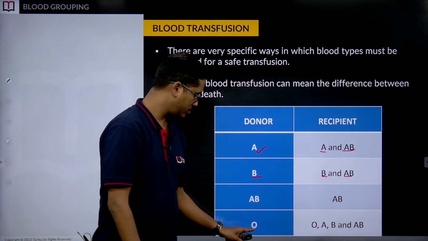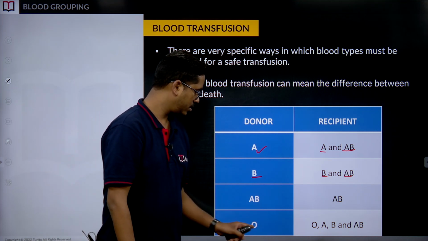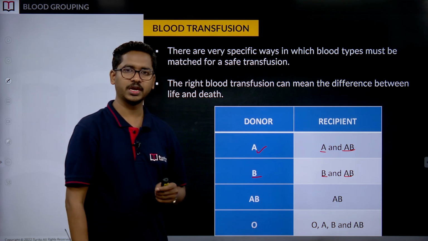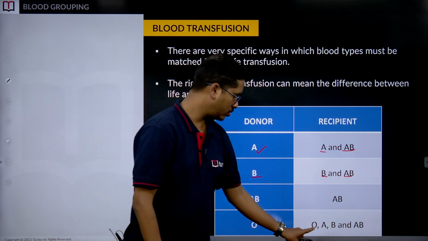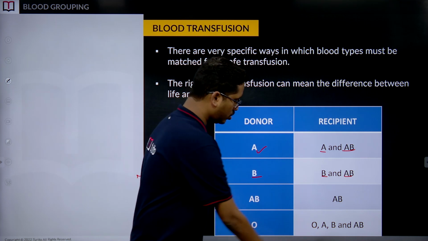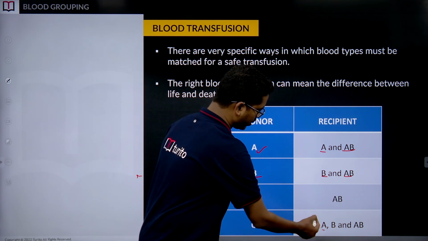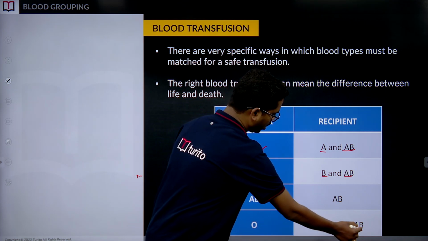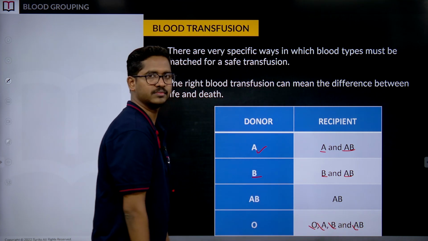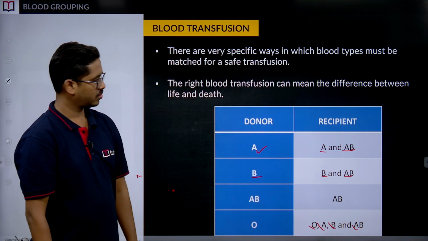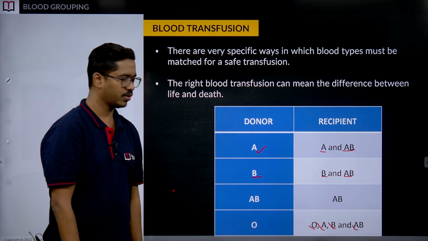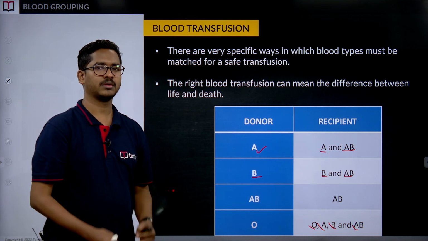When it comes to O blood group, you see O blood group guy can donate blood to individual with blood group O, blood group A, blood group B and blood group AB. Understood? So, that is the possibility what we have, right.